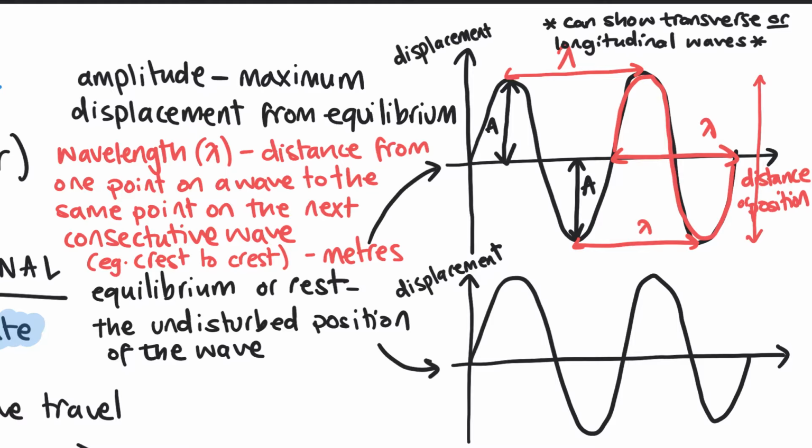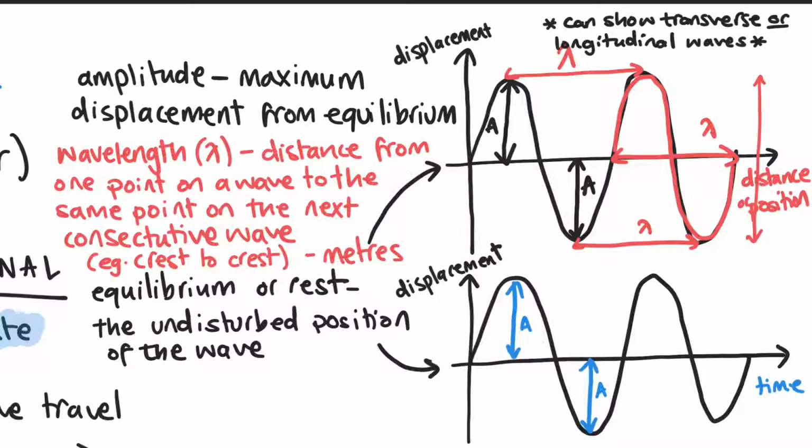Now, if the graph that we're given is showing us how the displacement varies with time, then there are still a few bits of information we can take from that graph. We could still work out the amplitude just as before, and the amplitude has the same definition and it's taken from the graph in the same way.